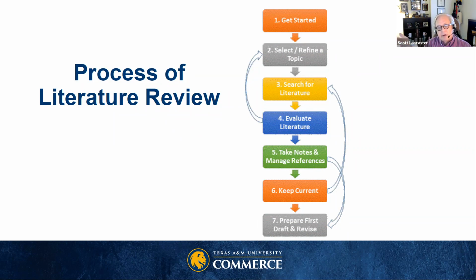Now, everything mostly is saved digitally, and all of the databases will allow you to save articles and save search results. You can create subfolders, and otherwise you might print it out and save it like that.